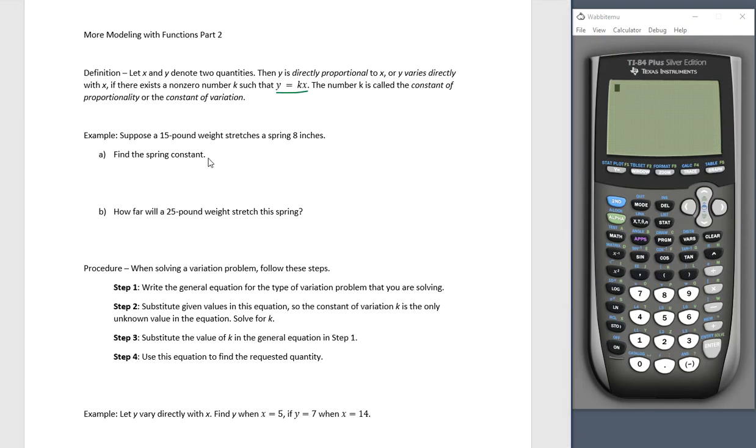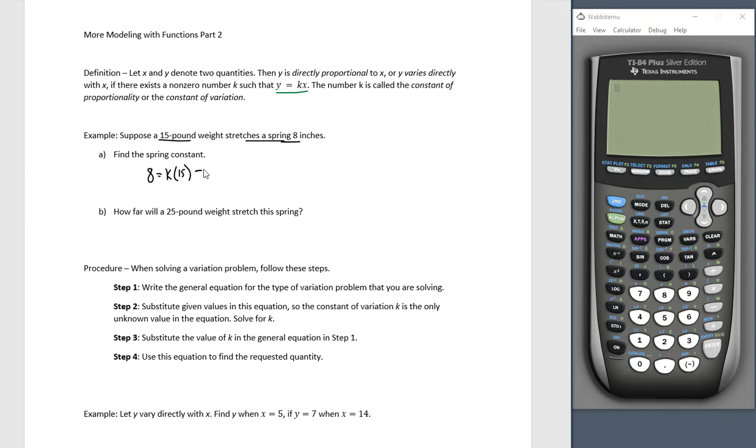Suppose a 15-pound weight stretches a spring 8 inches. We want to find the spring constant. My input is the 15-pound weight, which caused the spring to stretch. So 8 equals the spring constant multiplied by 15.